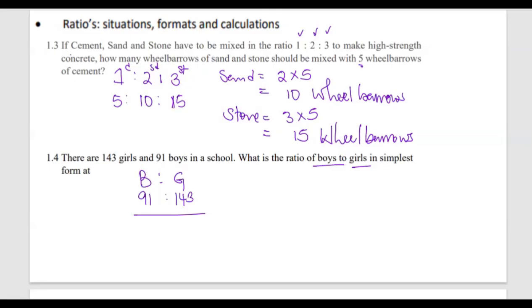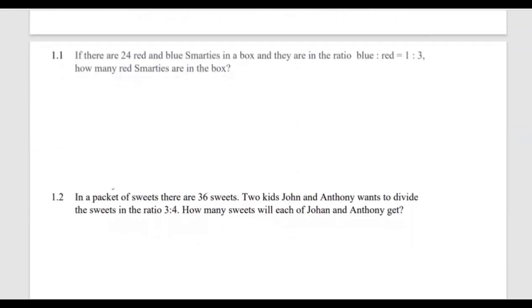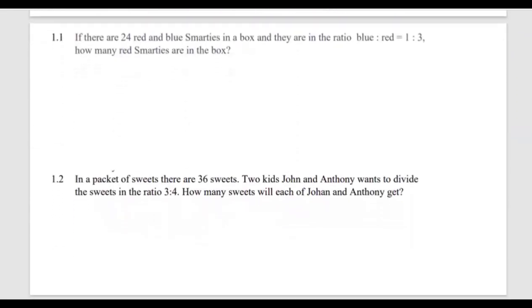Okay, those are ratios. Again, we continue and we see: if there were 24 red and blue Smarties in a box, and they are in a ratio, blue is to red, which is 1:3 respectively. How many red Smarties are in the box? Ask yourself.